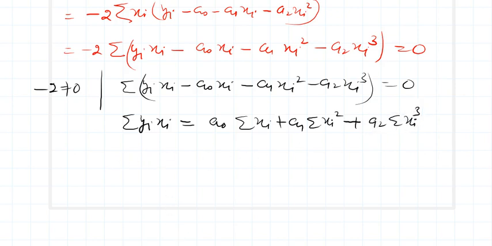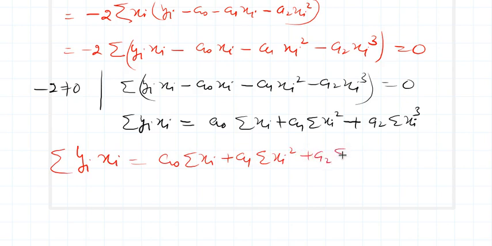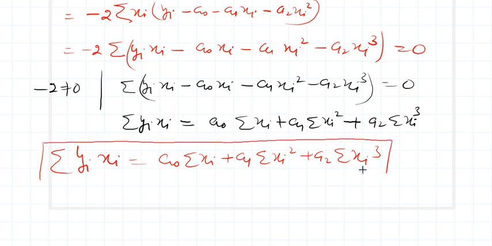I just opened the summation, or brought the summation inside. So this is the second equation which I am getting: summation yi xi is equal to a naught summation xi plus a1 summation xi square plus a2 summation xi cube. Let us call this equation number 2.